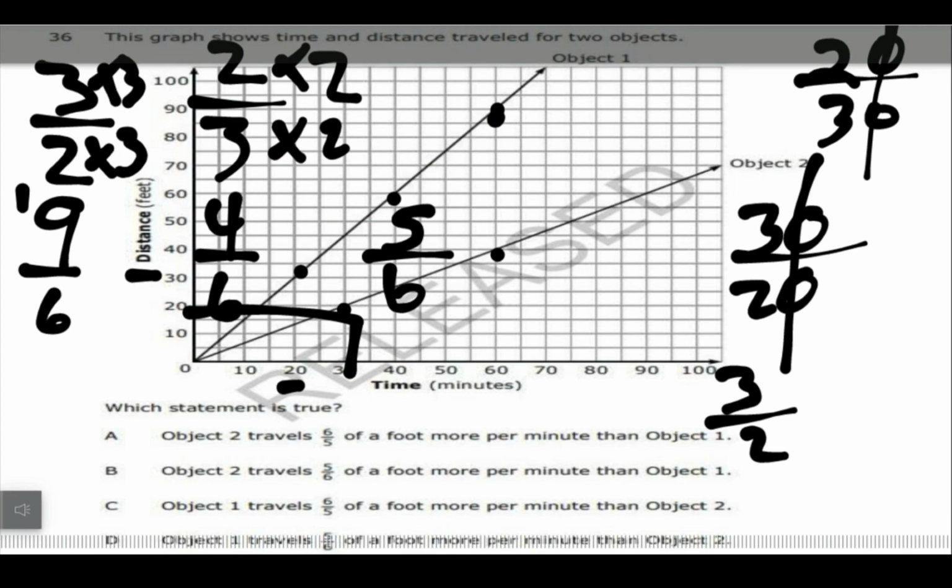So we want to look at which one is that. We know it's not the 6/5, so it's not A, and that one is 6/5 also. So object 2, it's not traveling faster. Object 1 is traveling faster. So then it would be D for that one.